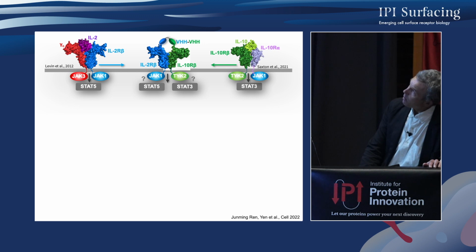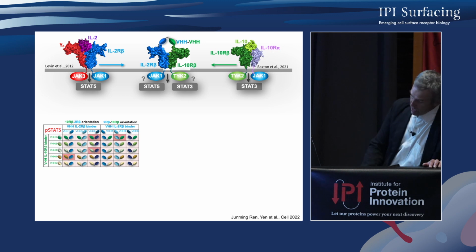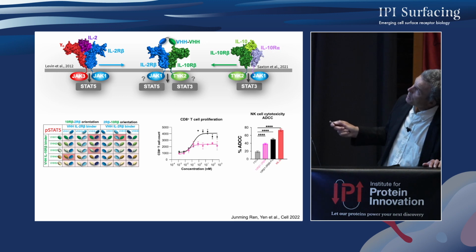And with this molecule, we found 3 combinations that activated STAT5 signaling, and it kind of looks like IL-2. It induces T-cell proliferation to different degrees. It activates ADCC and NK cells to different degrees than IL-2. So essentially, we have a new flavor of IL-2 that activates STAT5, but through a different kind of heterodimer.